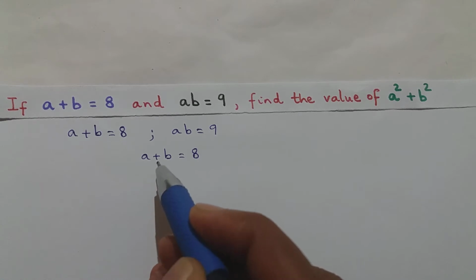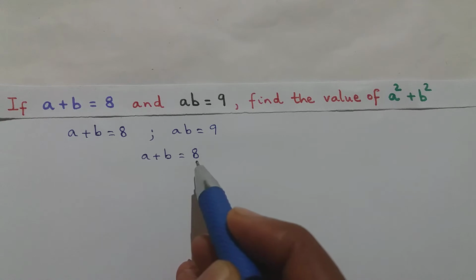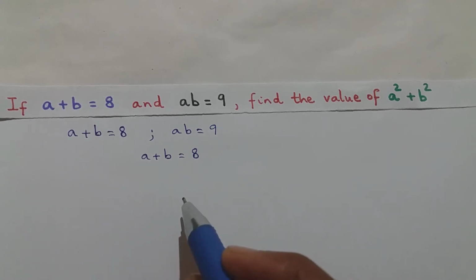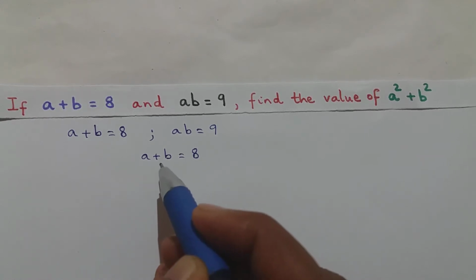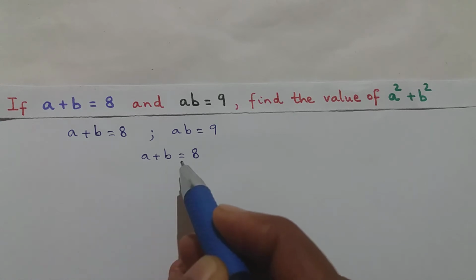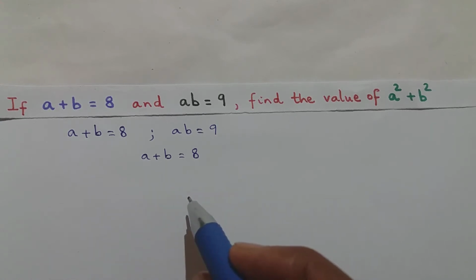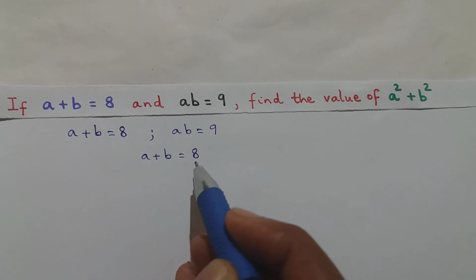Now what I will do is square this given equation. So I am going to square the equation a plus b is equal to 8.